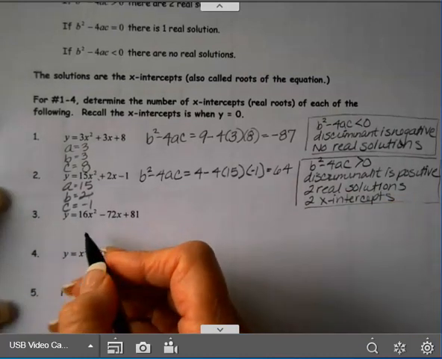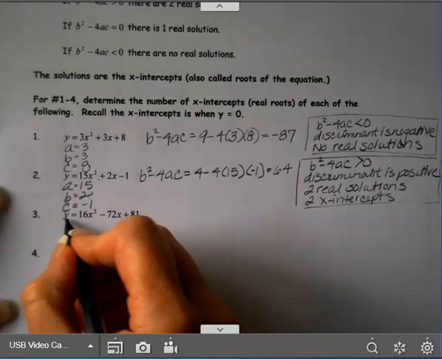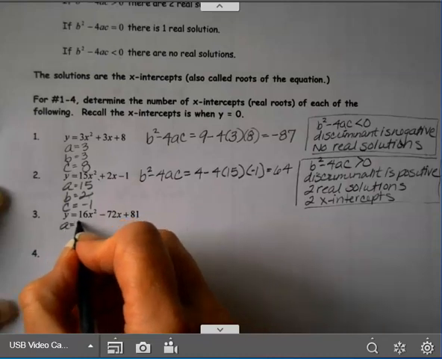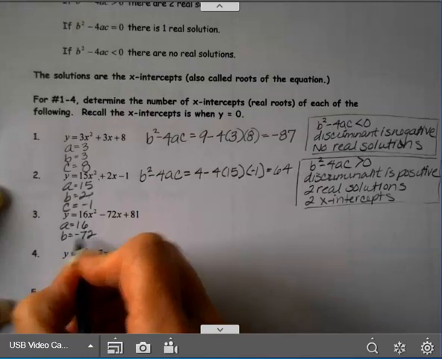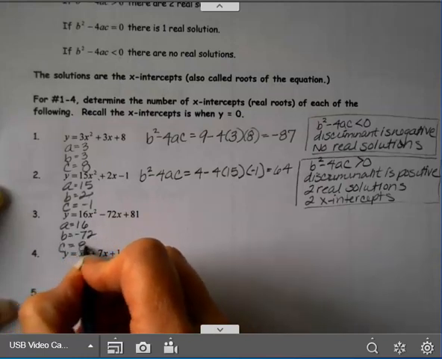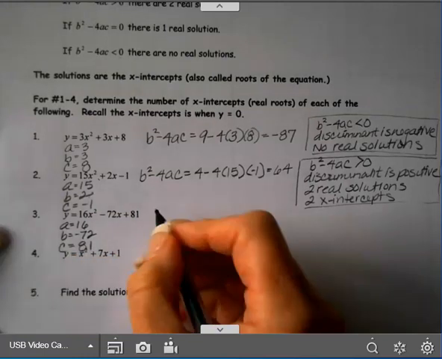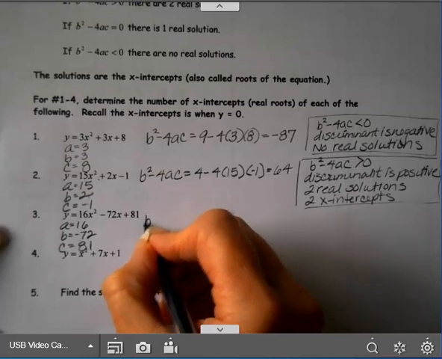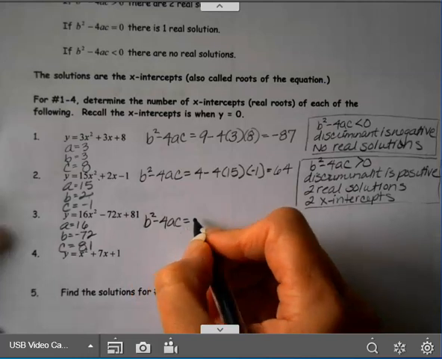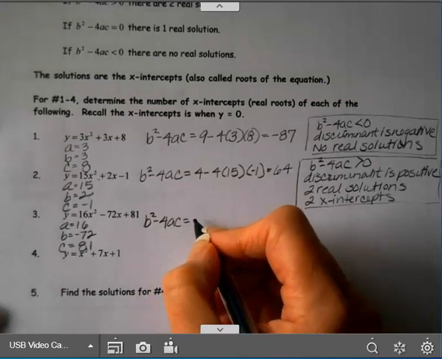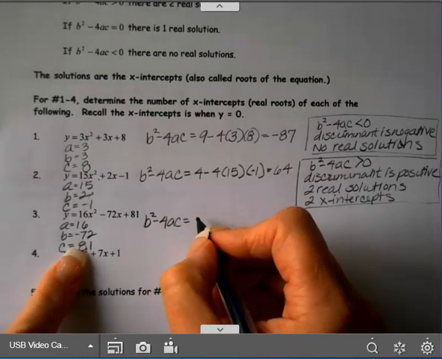On the next one, again, we're setting y equal to 0. A is 16, B is negative 72, C is 81. My discriminant is b squared minus 4ac. When you square b, you'll get a positive number because b is negative.